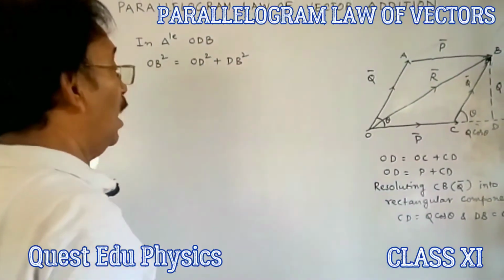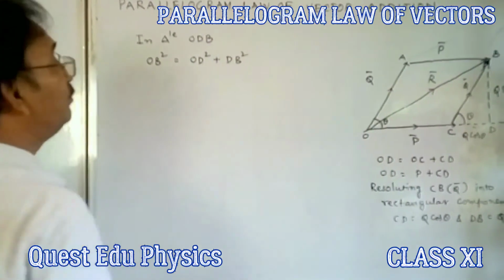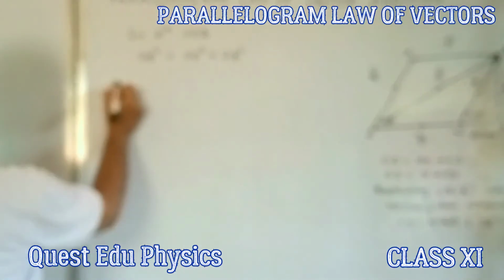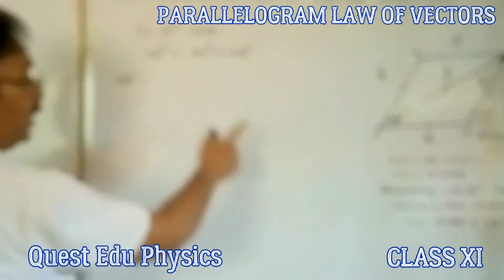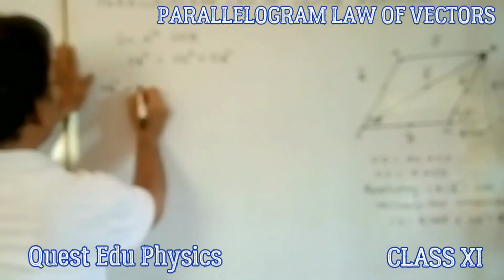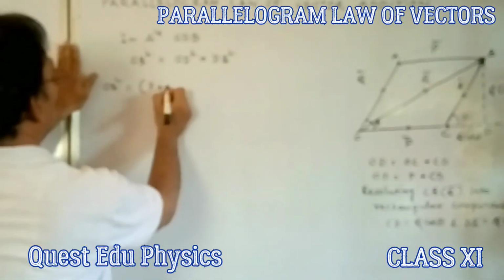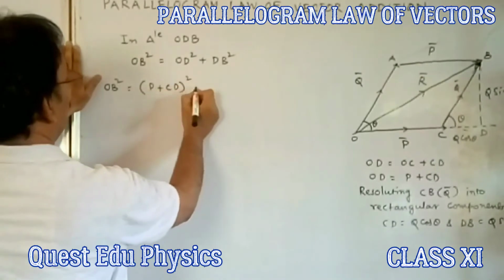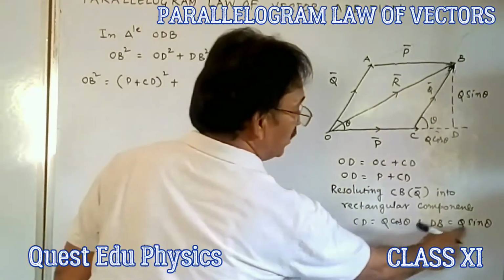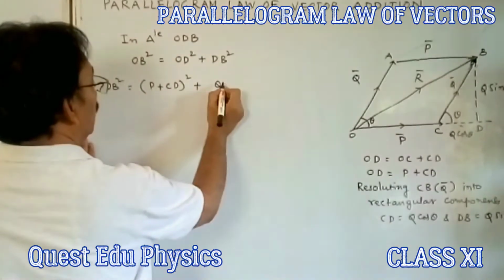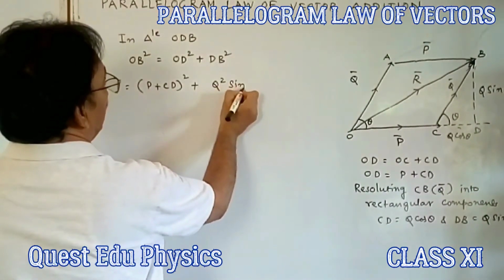I'm putting these values in this equation. OB squared is equal to OD squared, means what? P plus CD whole square plus DB squared. Obviously it is Q square sin square theta.